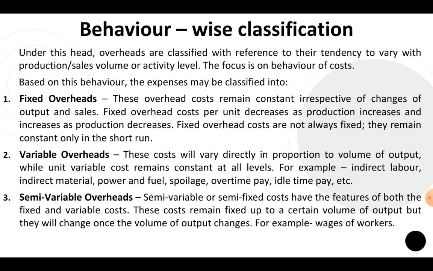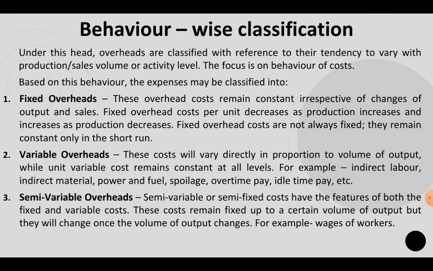Once they cross that 10 units, then the cost will change. A basic example is supervisor's salary, wherein one supervisor may effectively supervise 5 or 6 employees, and that amount is fixed. More than that, then the salary will increase. Other examples are postage and stationery, and supervision and inspection charges. All of these are included under semi-variable cost.